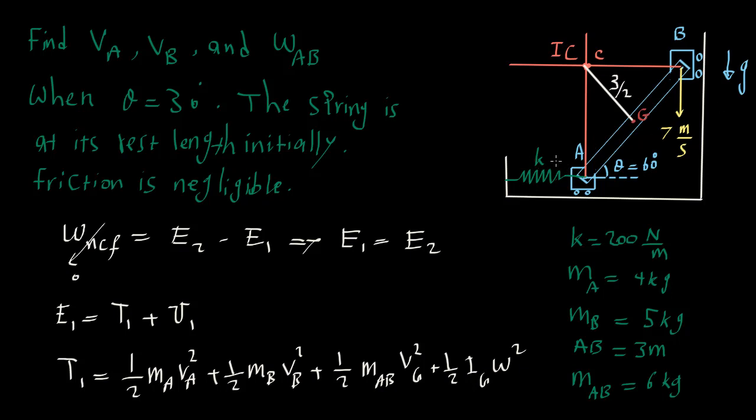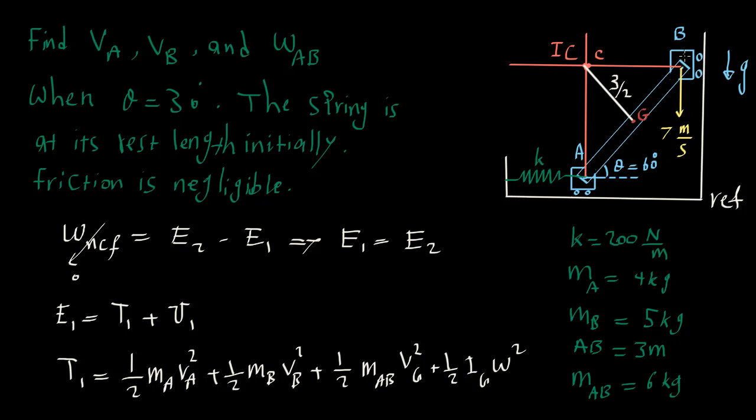Because the spring is at rest initially, there is no energy stored in the spring, so U spring would be equal to 0. But for gravity, we have to have a reference line. So let's say this is our reference line. Therefore, particle A wouldn't have any potential energy due to gravity, but particle B and also link AB have potential energy due to gravity.